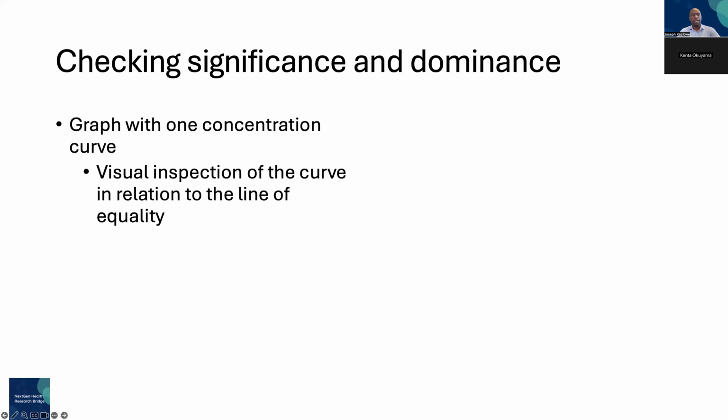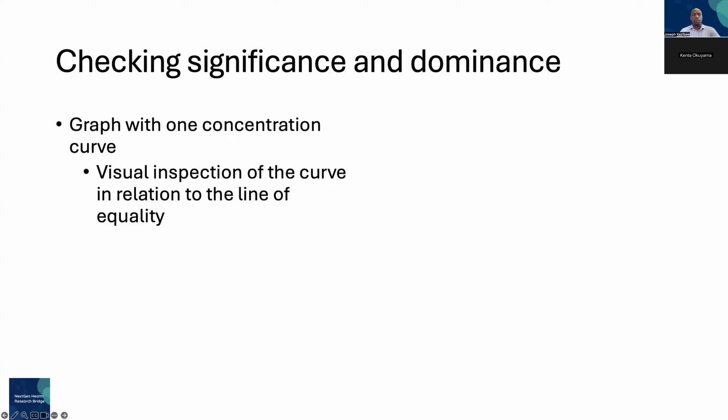This could be done by looking at whether the concentration curve crosses the line of equality within the graph. Because if it crosses, then it means that the inequality is not significant. Yes, it exists, but statistically, it may not be significant.